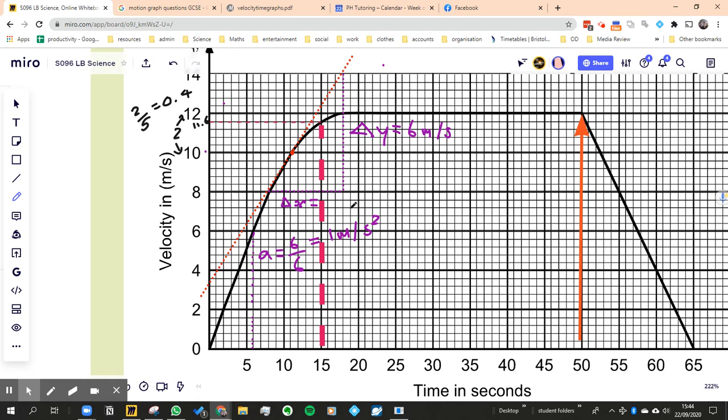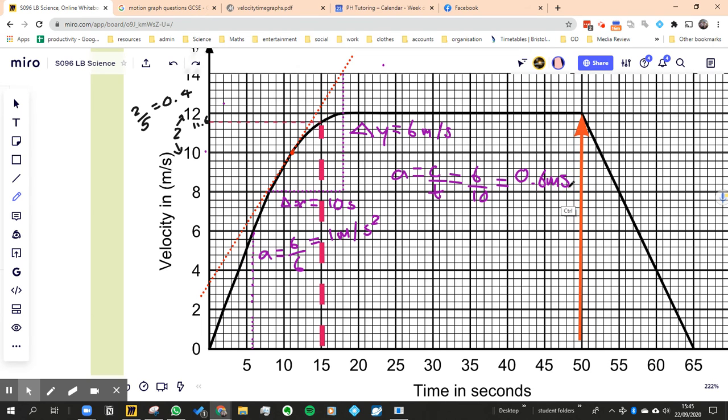So actually the change in x is 10 seconds. So acceleration is equal to the change in velocity divided by the change in time. In this case, the change in velocity is 6, the change in time is 10. So the acceleration is 0.6 meters per second squared.